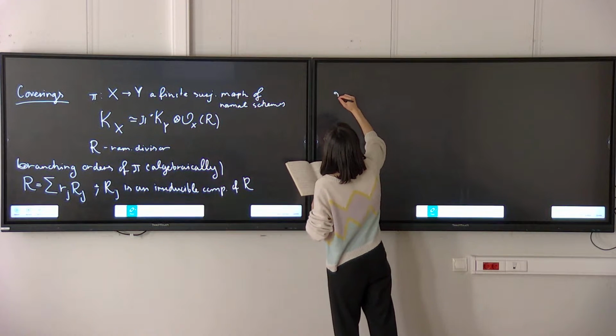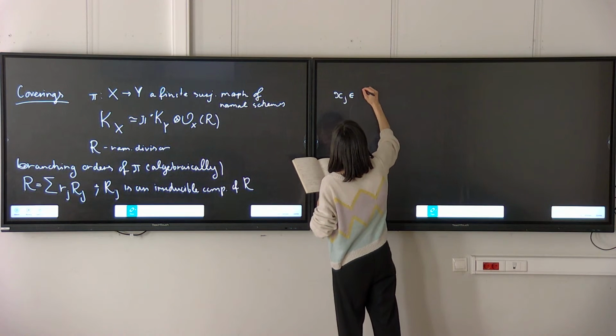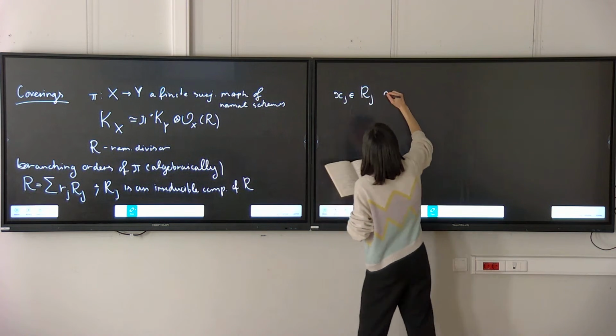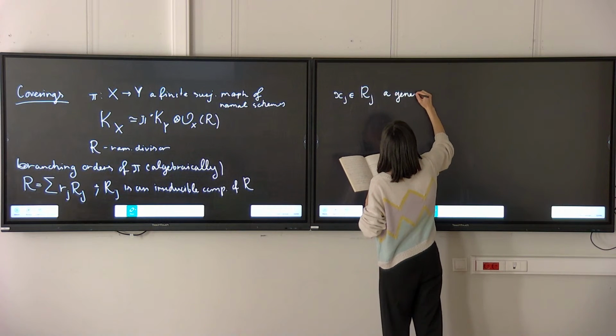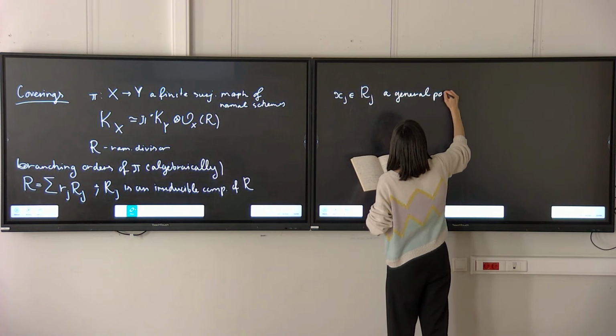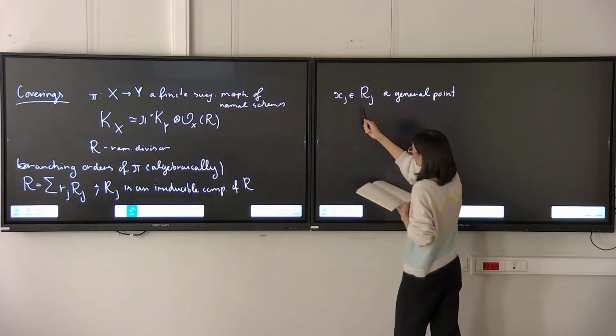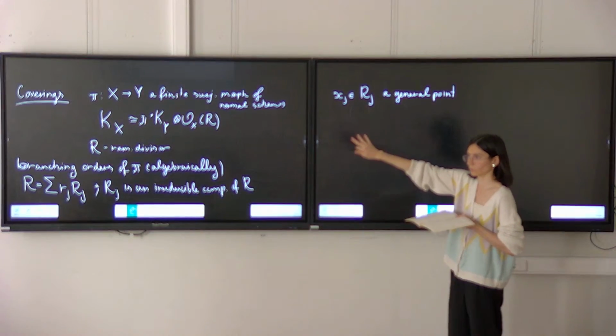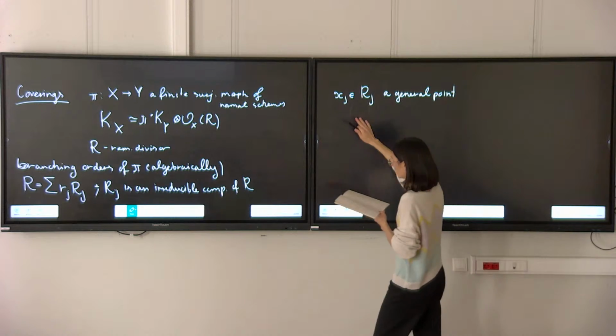Suppose that we have x_j, a general point of G_j in a scheme-theoretical sense. I want to define this thing algebraically.